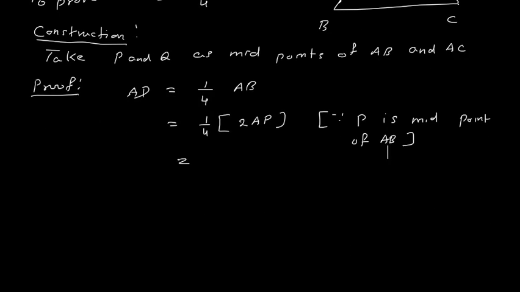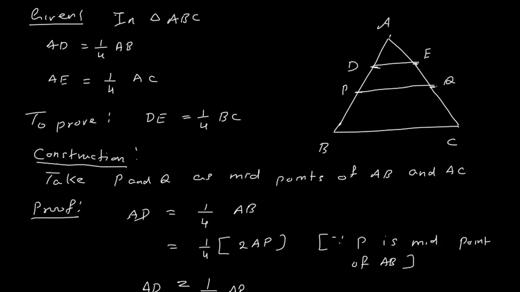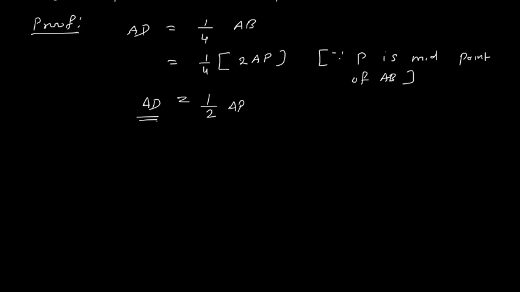Therefore, AD will become 1 upon 2 times AP. Similarly, AE is equal to half of AQ.